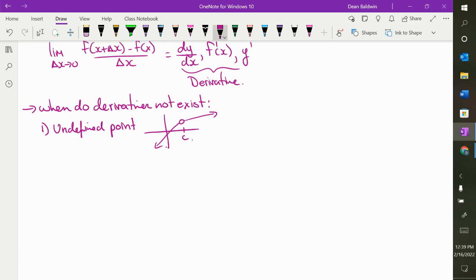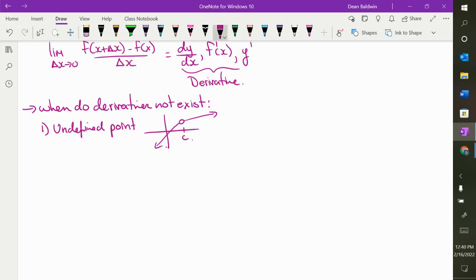You cannot do a derivative at this point because the point doesn't even exist, right? If I said the derivative is the slope of the tangent line, and you're trying to draw a tangent line there, there's nothing to draw a tangent line on, okay? So when there's a hole at that point. Everywhere else, there's a derivative all along here, but at that point, it doesn't work.